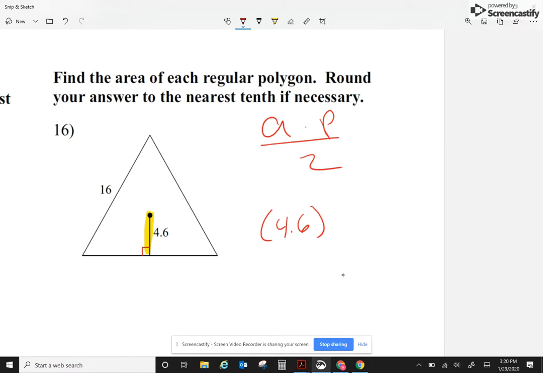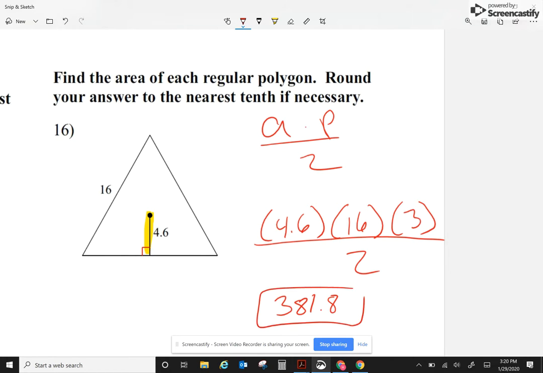I notice that each side is 16. And there are 3 sides in this polygon. And I'm going to divide this by 2. When I type it on a calculator, I get 381.8.